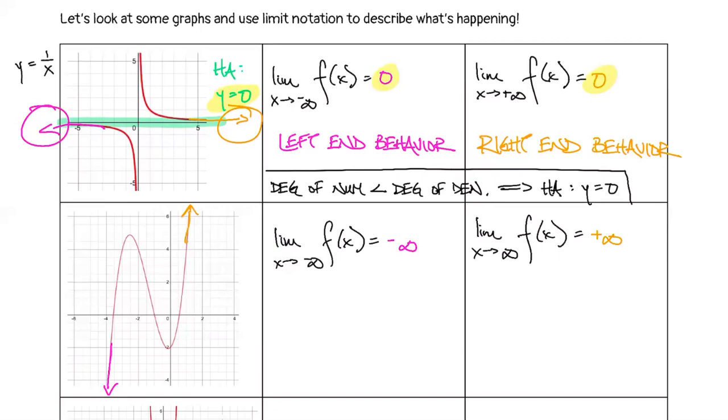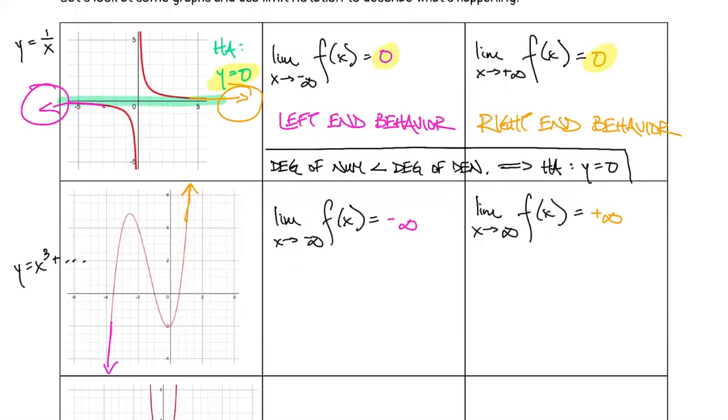Okay. Now, earlier, we said that this equation was something like x cubed plus a bunch of stuff, okay? And so the degree of this was 3. But in this case, if we think about this as a fraction, it's really something over 1, okay?